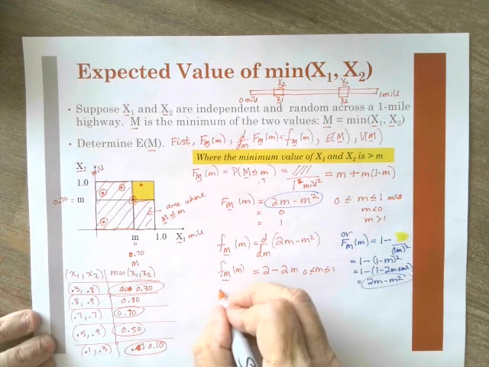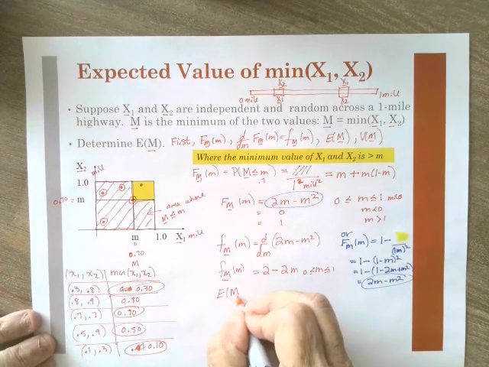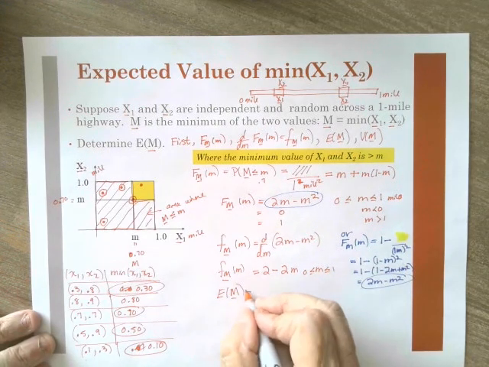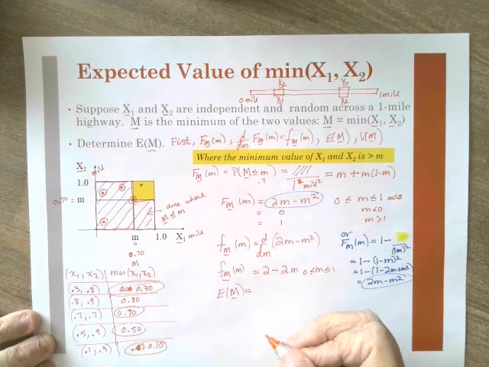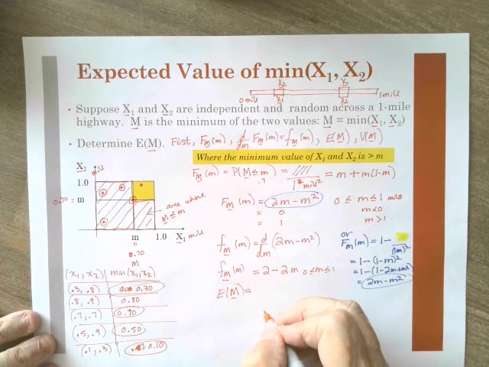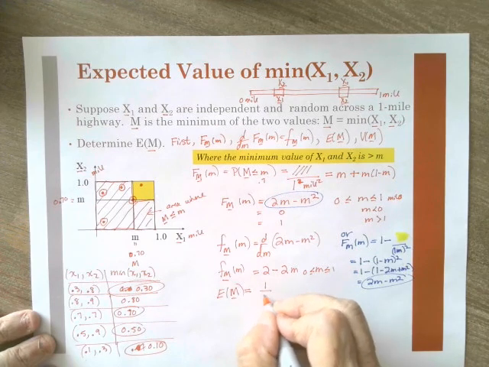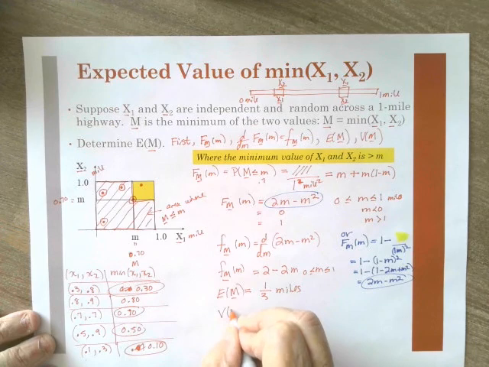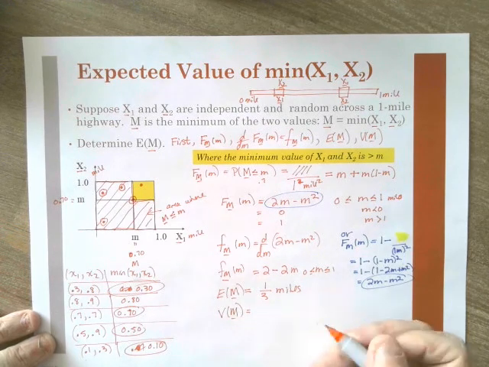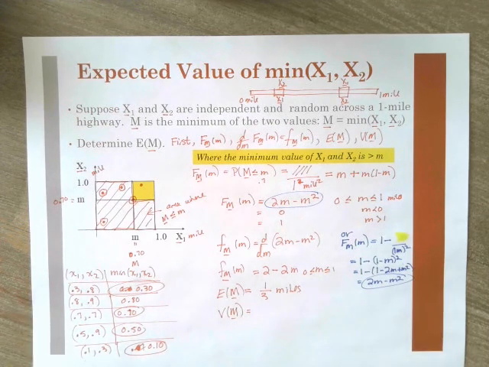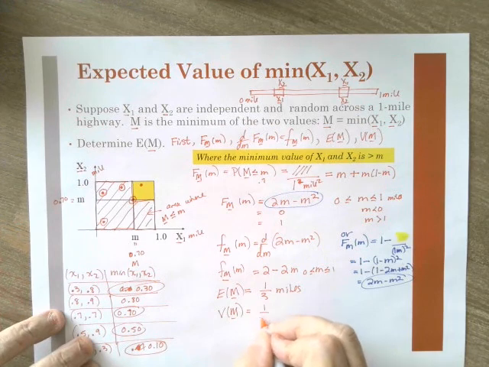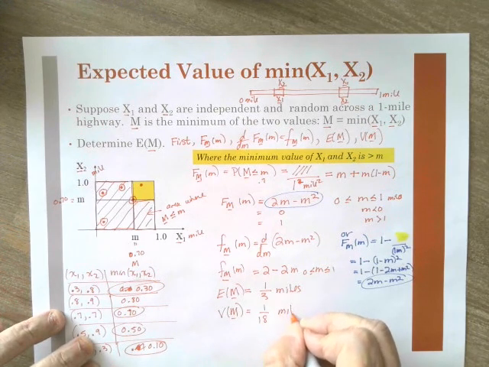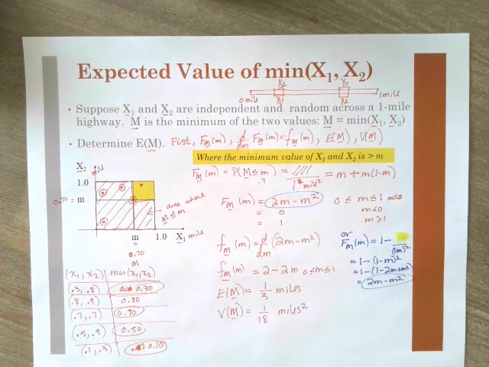And from that, and I'm going to ask you to verify this, the expected value will end up being 1/3 miles, and the variance ends up being, it's kind of interesting, we've got some similar results here, although for a different application, and the variance is going to be 1/18 miles squared.